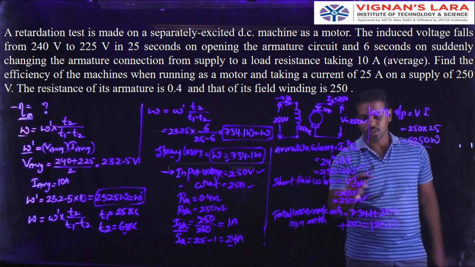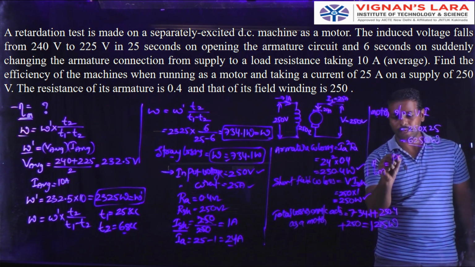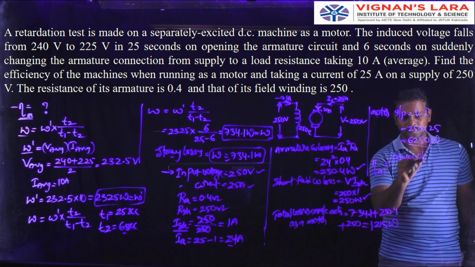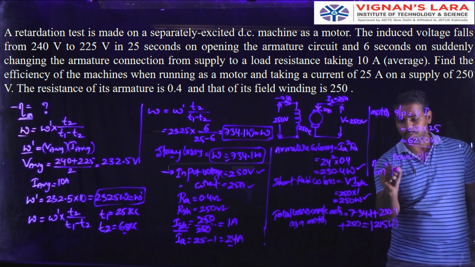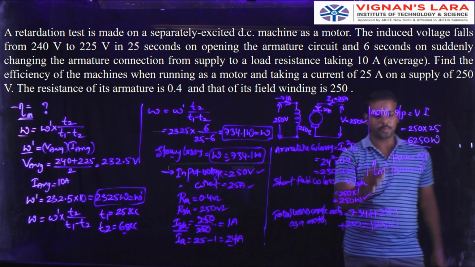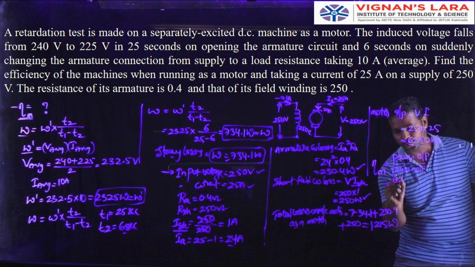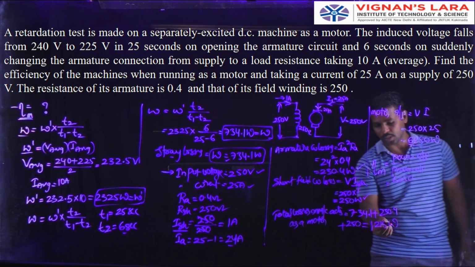Then the efficiency of a motor is equal to power output divided by power input, where power output is equal to input minus losses, so 6250 minus total losses.